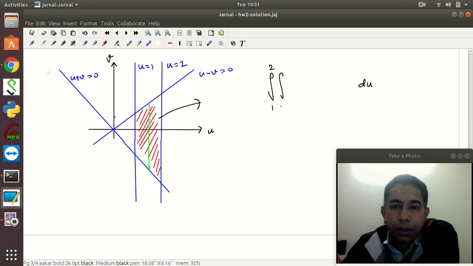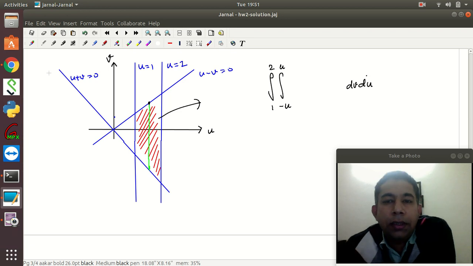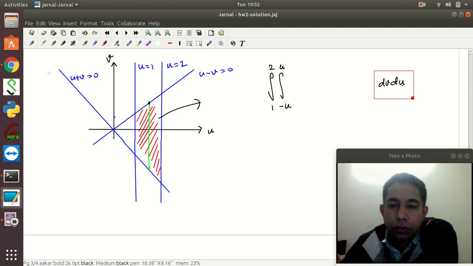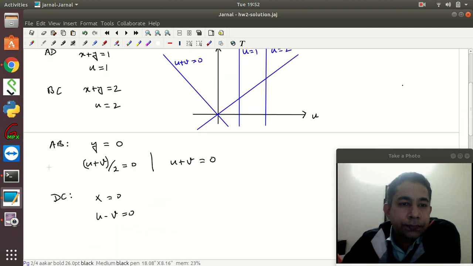On the upper line, it's u minus v is equal to 0, so v becomes u. So the integration in the uv becomes simply this: u goes from 1 to 2, and for each of those u, v goes from minus u to u. Okay, so that is the integration limit in the uv coordinates.